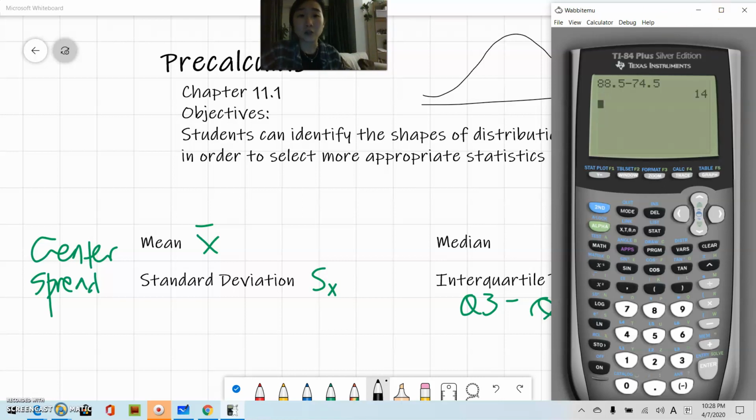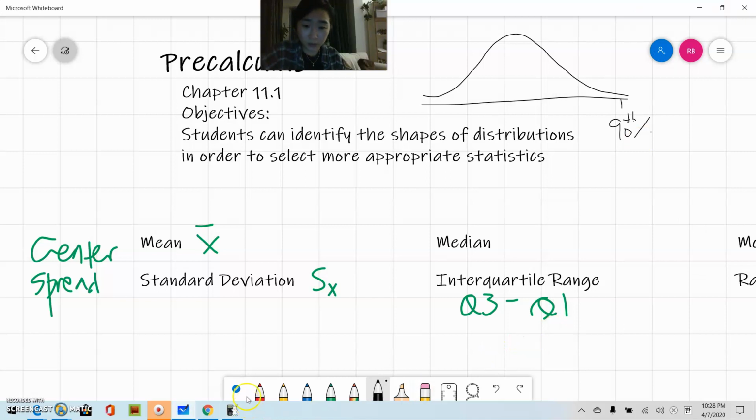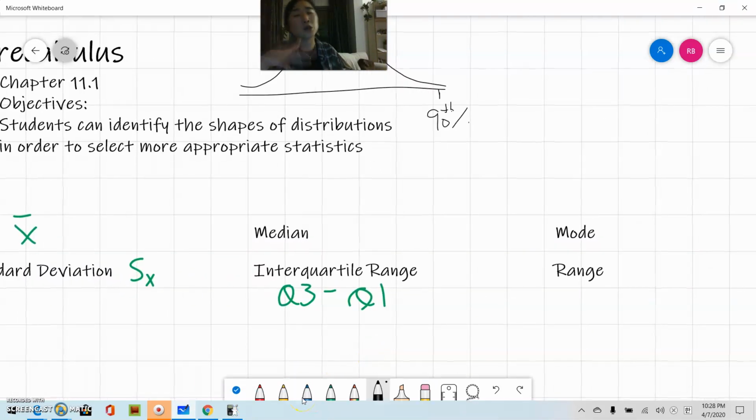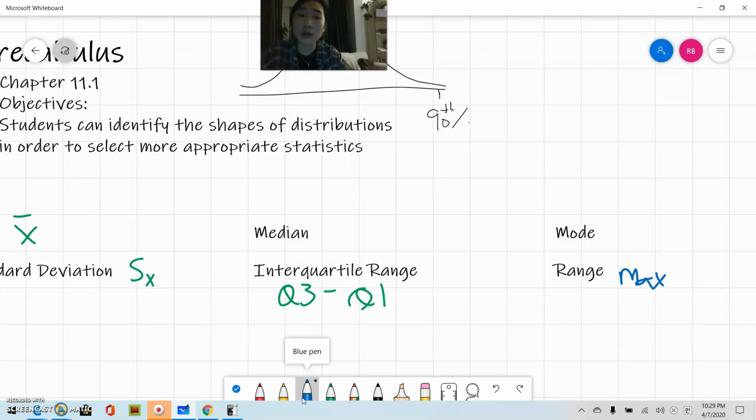Okay, so let's go to mode and range. Mode and range is actually the least used statistic when we describe a distribution because it's kind of useless. Because range, like I said, we know how to find range. It's maximum minus minimum.